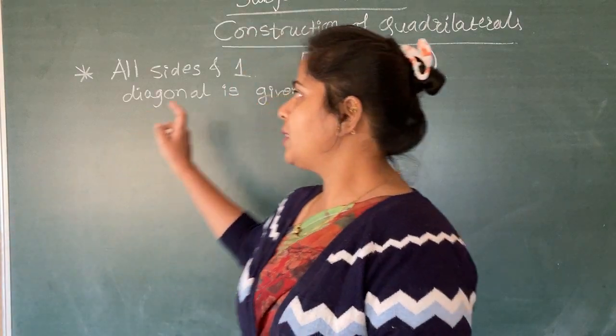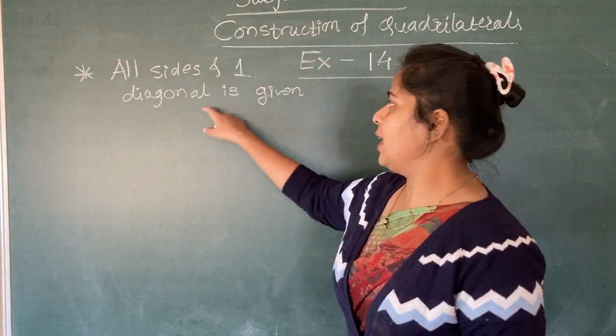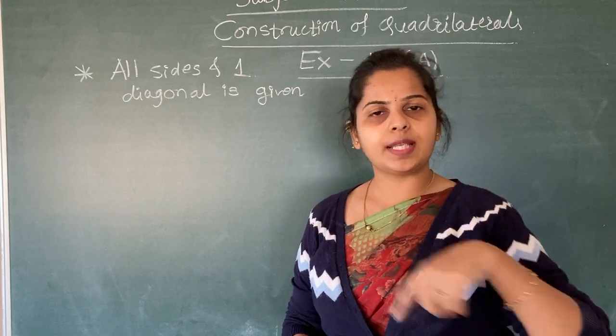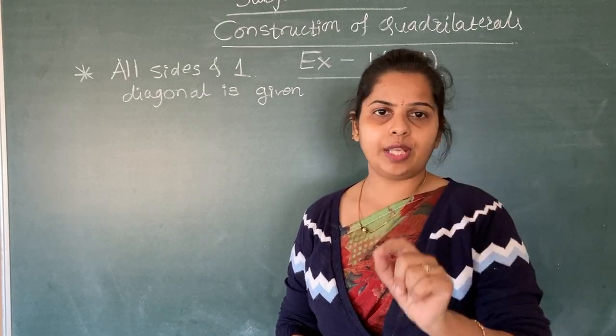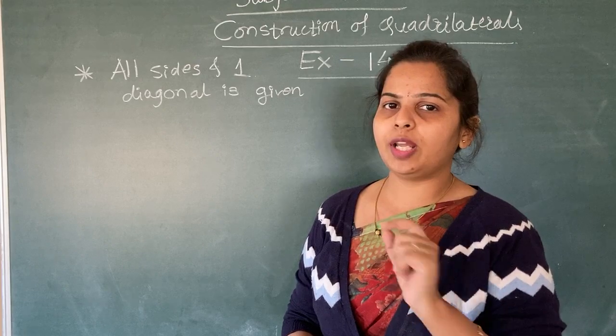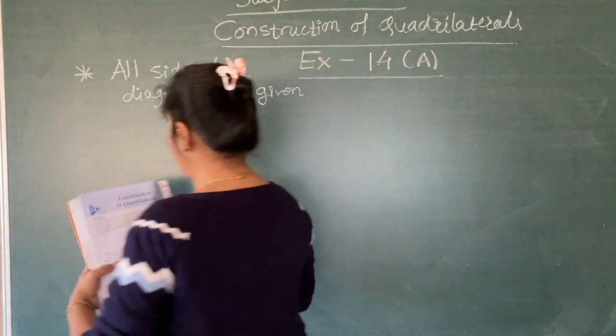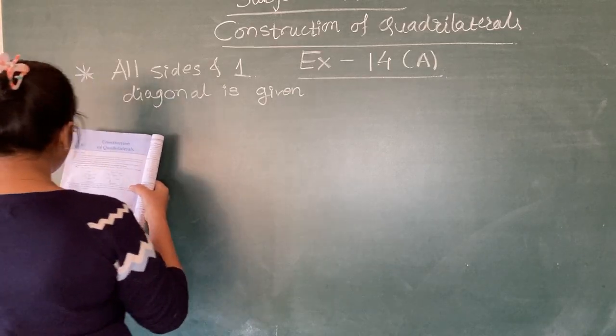Okay, in this type of variation, when all the sides and a single diagonal are given, you should take the diagonal as the base. What I mean is, let's read the first question from exercise 14a. Construct a quadrilateral.